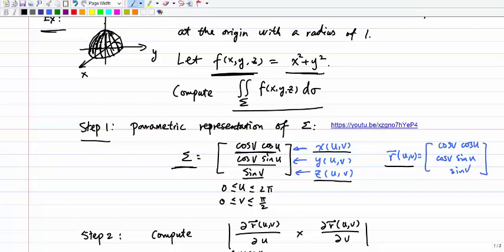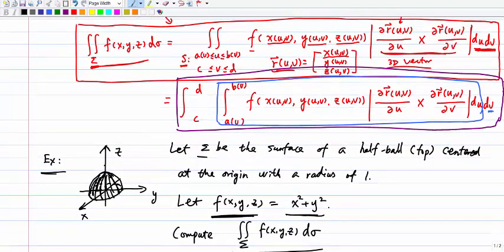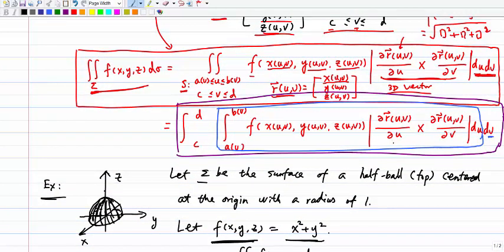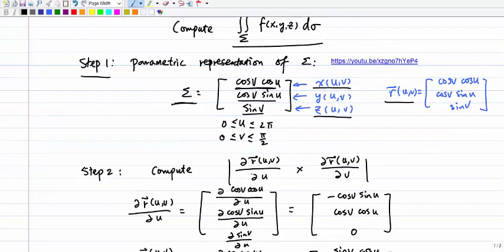Now step 2: in order to compute this, we have to compute the cross product of these two, and then compute the norm. Since r is already given here, the computation is straightforward, but it can be a little bit nasty.